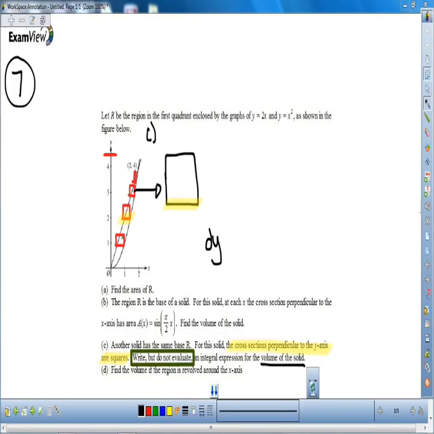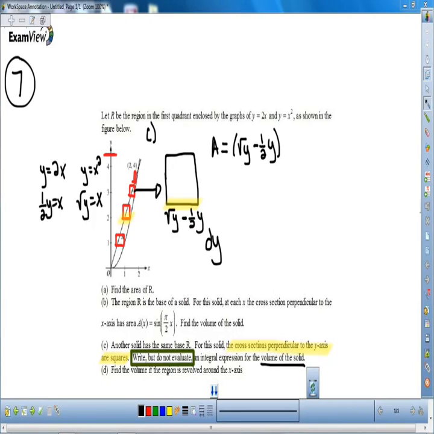We need to find the length of the square, but in order to do that, we have to write our equations in terms of y. Remember that my length is going to be the right minus the left, so that's the square root of y minus 1/2 y. So my area is the square root of y minus 1/2 y, squared, dy, for my volume.